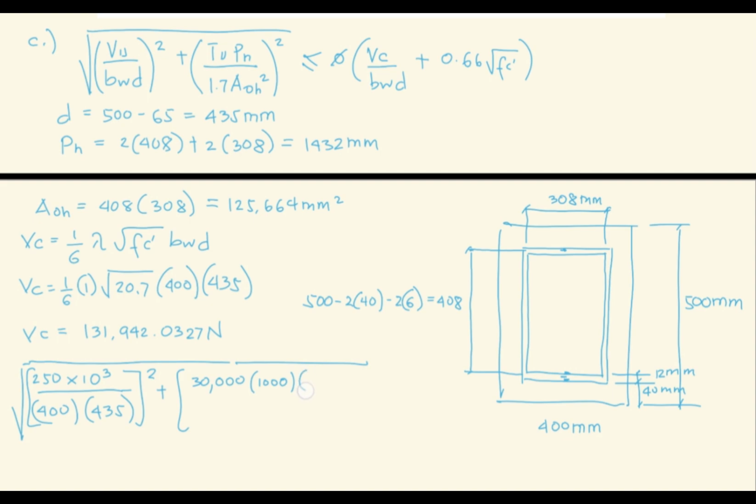So pH is equal to 1,432 divided by 1.7 of AOH, 125,664. We square this further, and then we further square this.